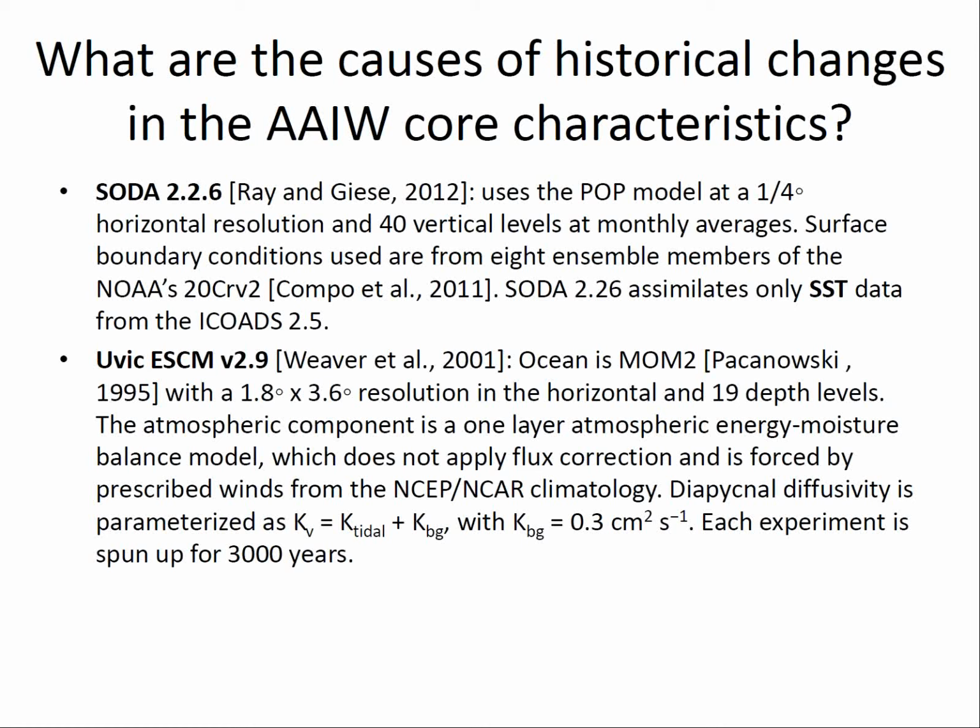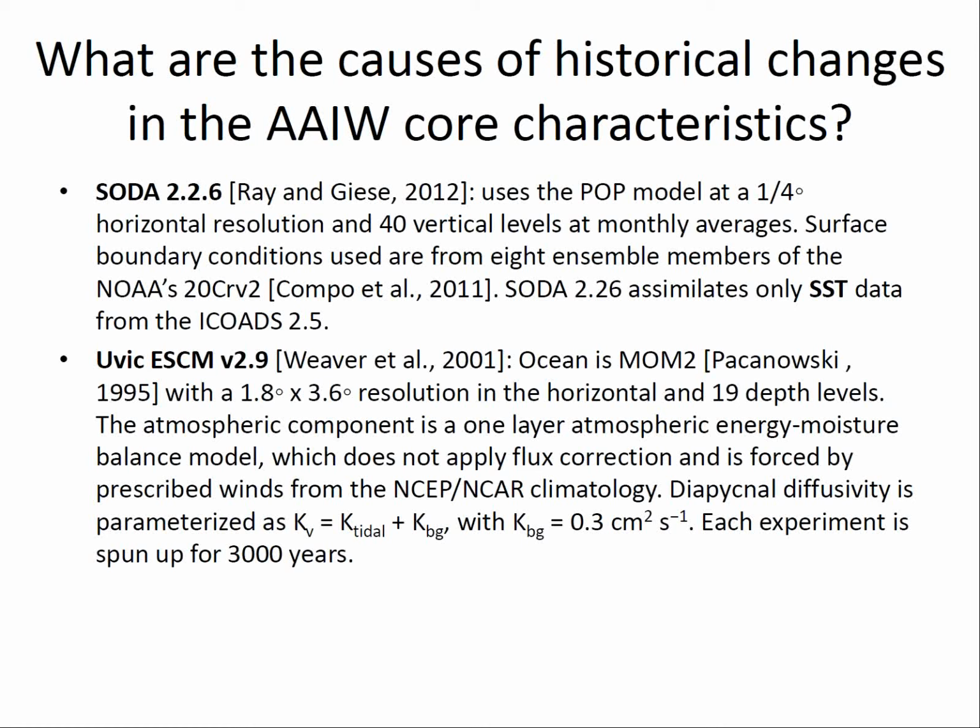It uses the 20th century reanalysis as a forcing and only assimilates SST from the ICOADS 2.5, which is just in situ measurement. It doesn't assimilate hydrography. There is no satellite, so this product is used to validate satellite SST. So it's just from the historical temperature record.